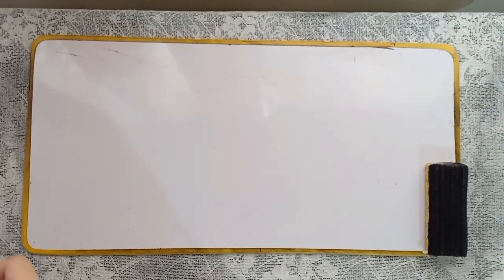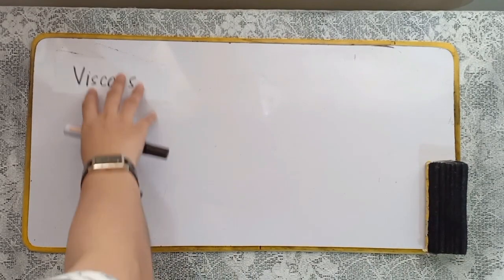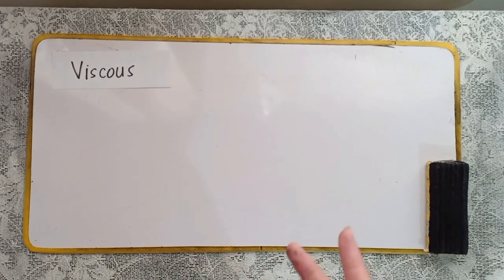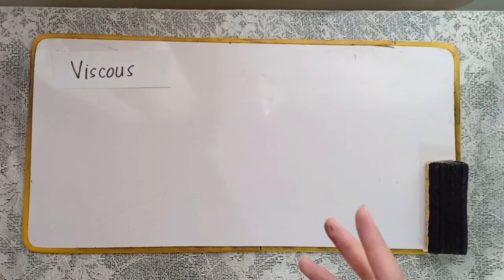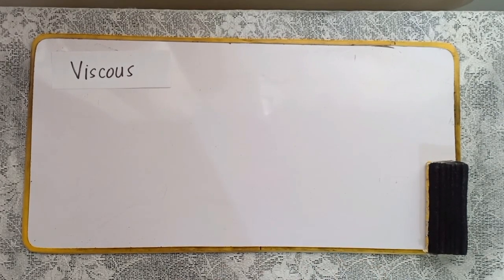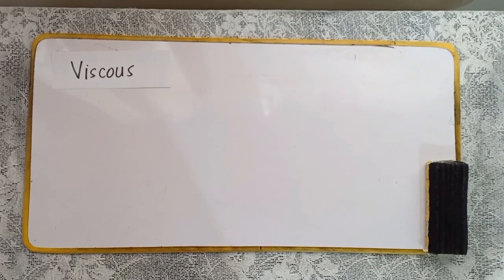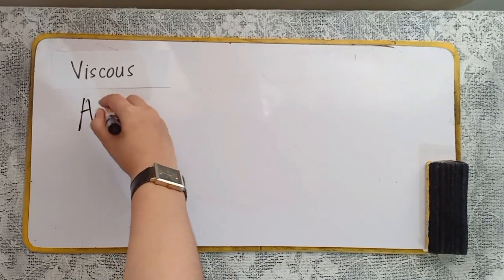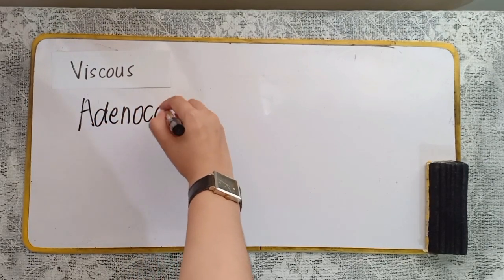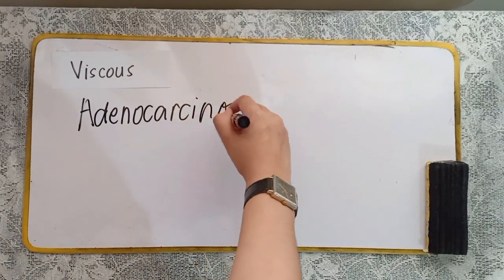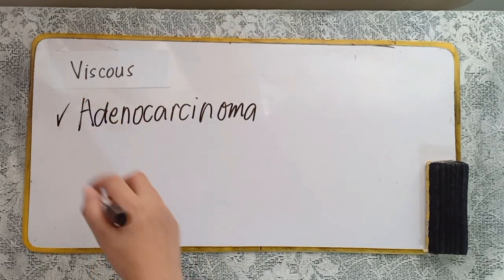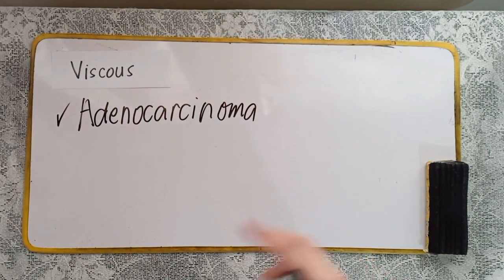And then next we have viscosity. A viscous CSF sample, class, may be encountered in patients with metastatic mucin-producing adenocarcinomas. Again, a viscous CSF sample may be encountered in patients with metastatic mucin-producing adenocarcinomas.